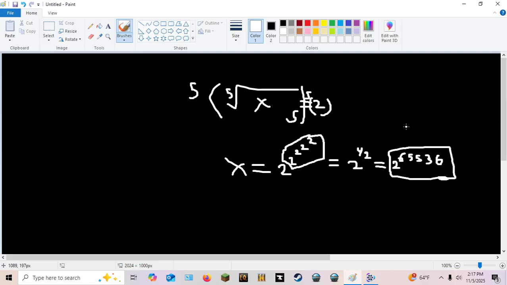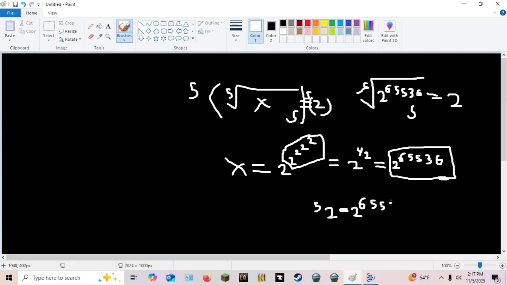So the answer is 2 raised to 65,536. Let's plug that in. The super fifth root of 2 raised to 65,536 equals 2, and this is the correct answer. Or if you don't know 2 tetrated to 4, you can leave this answer as 2 tetrated to 5. This will work. I'll accept either answer.